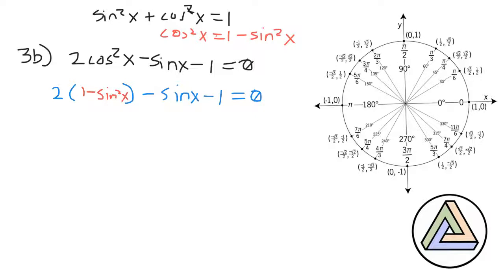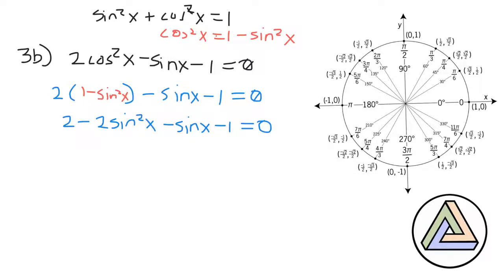We could distribute this 2 into there, and we would therefore end up with 2 minus 2 sine squared x minus sine x minus 1 equals 0.